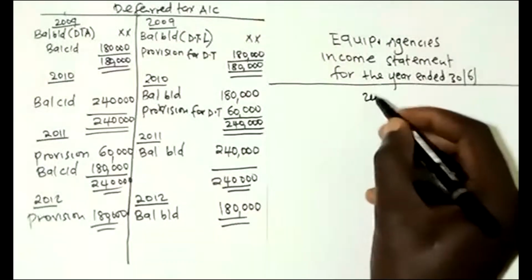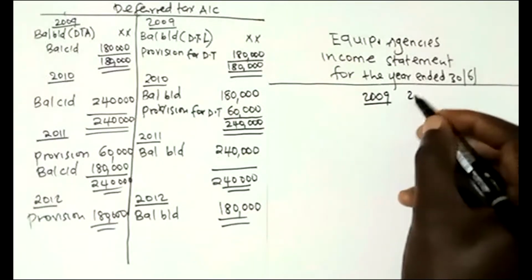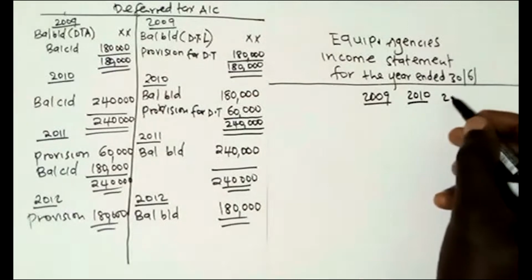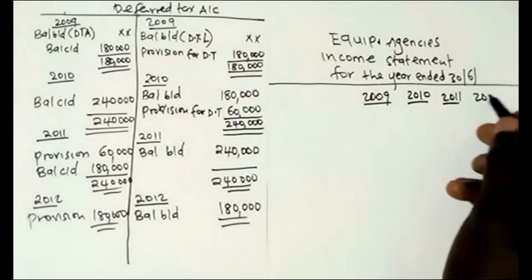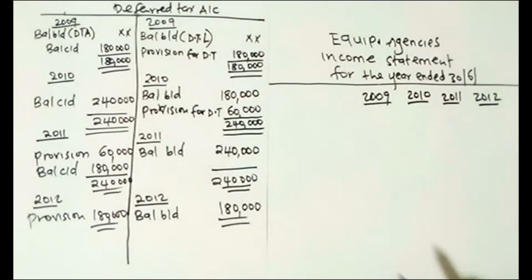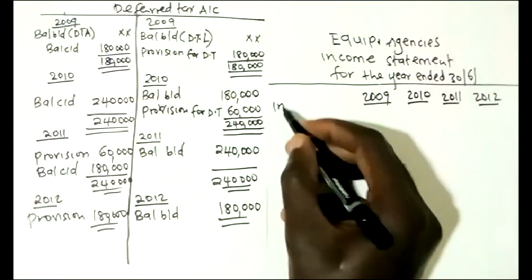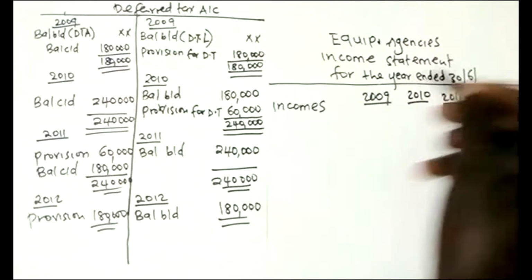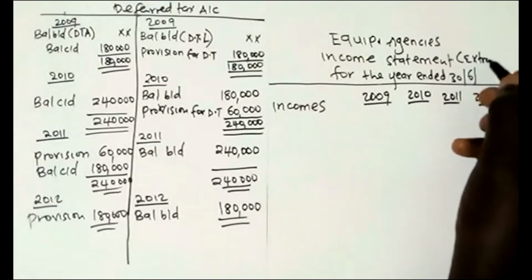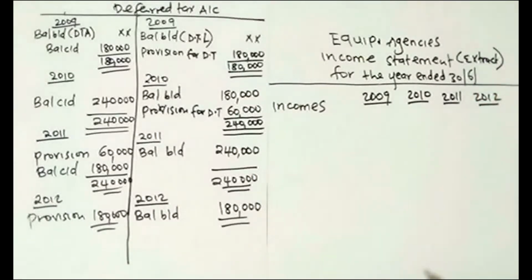Remember, we have 2009, 2010, 2011, and 2012. So that we start from incomes. It's just an extract.